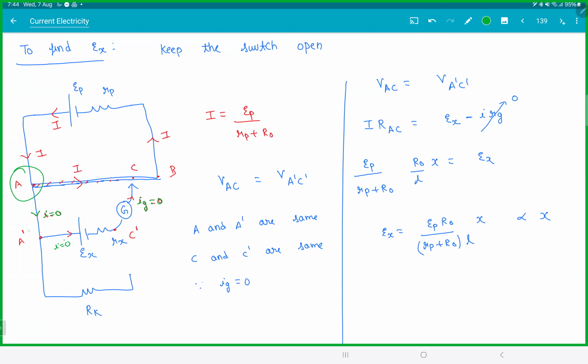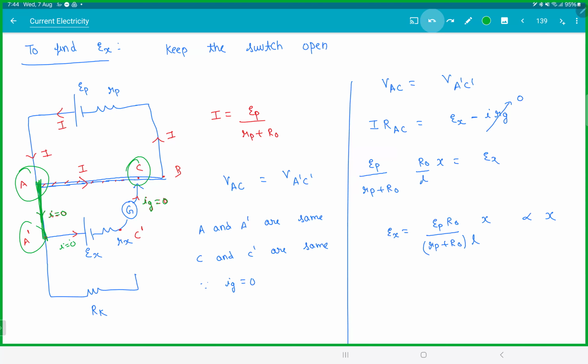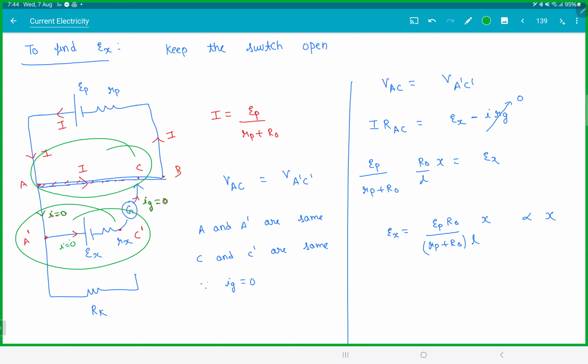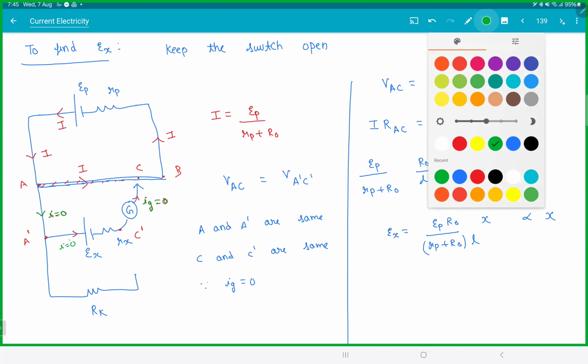Now point A and A dash are connected by wire, so they have the same potential. Point C and C dash must be at the same potential because current is 0. Therefore VAC must be equal to VA dash C dash. Hope that is clear. So the voltage across AC is current into RAC. This is EX minus IRG, but I is 0 because it is balanced. So if I know all the remaining values, I can find the EMF of a battery.